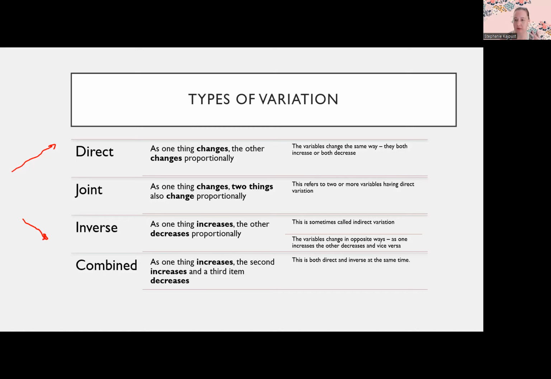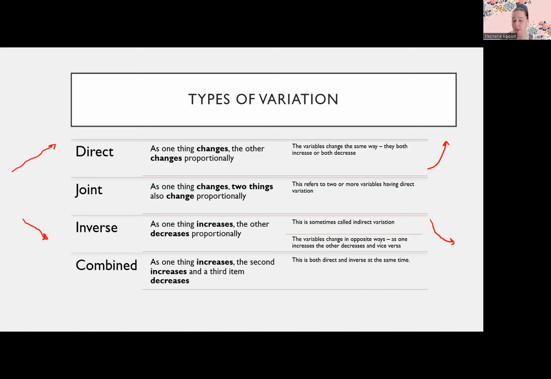With inverse, we usually think in terms of dividing by variables to indicate that something is decreasing. A direct variation might curve as it goes up, and an inverse might curve as it goes down. So they're not always just lines, they're usually curves. That just explains what happens to the variables: one increases, the other decreases.